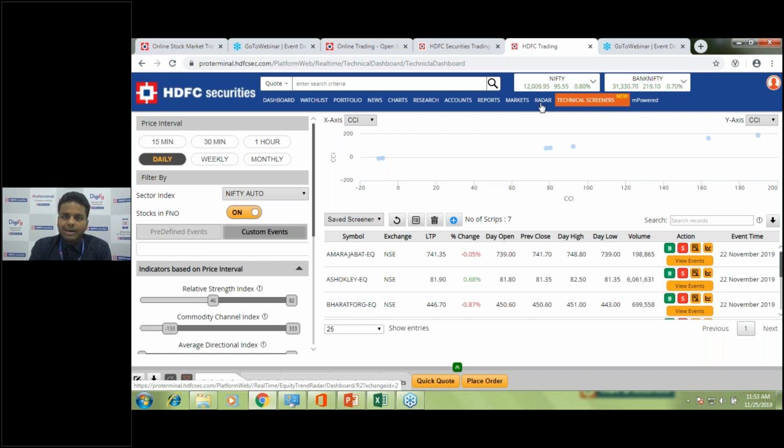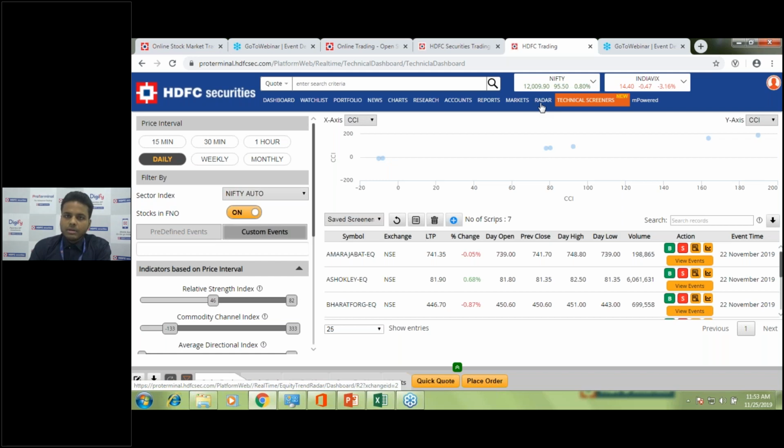Let's suppose if you want a screener for a 5-minute chart, you can't get that, but at least for a 15-minute chart, a daily chart and an hourly chart, you can use this screener and take a decision after that. If some particular stock is showing bullish on a 15-minute or daily time frame, you can then use it for intraday trading by confirming it on a 5-minute chart or a lower chart frame.